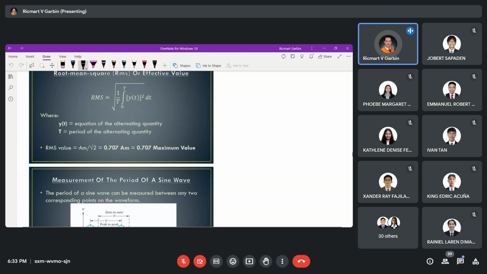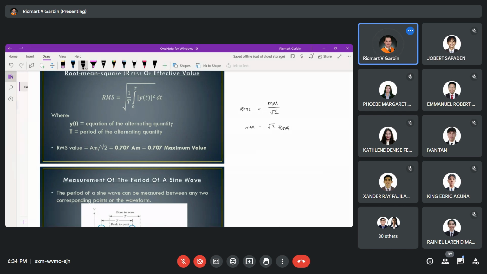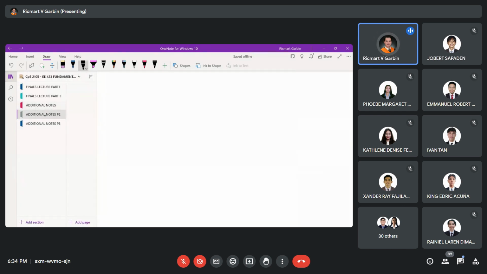So, ang RMS value is equal to the maximum value over square root of 2. Para makuha natin yung maximum value, di ba yan ay square root of 2 multiplied by the RMS value. So, kung babalikan natin yung ating given, dito.